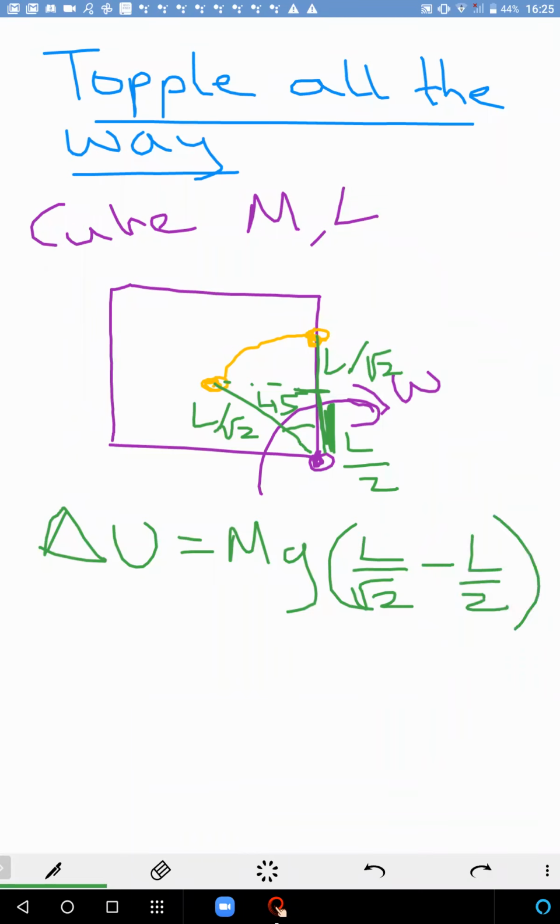So this is the increase in potential energy, right? This should be equal to the decrease in kinetic energy.